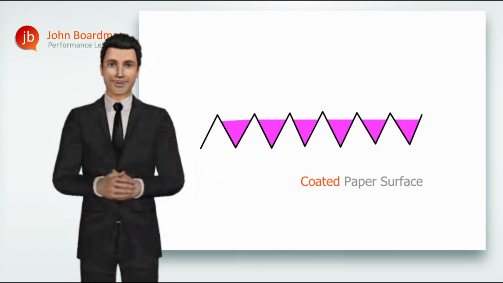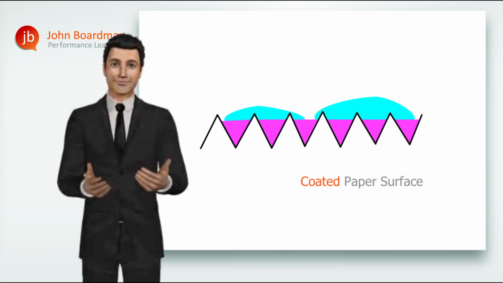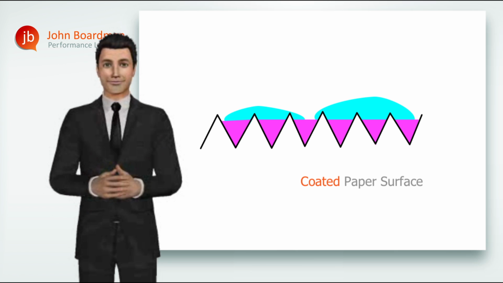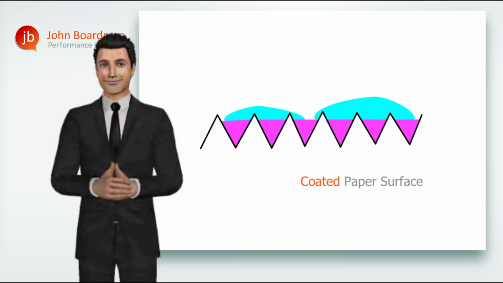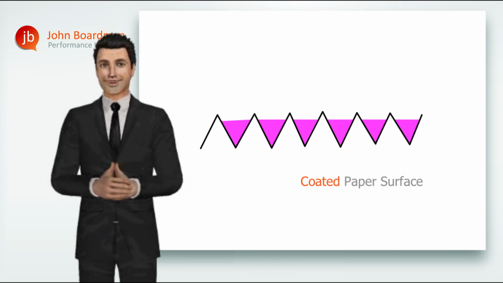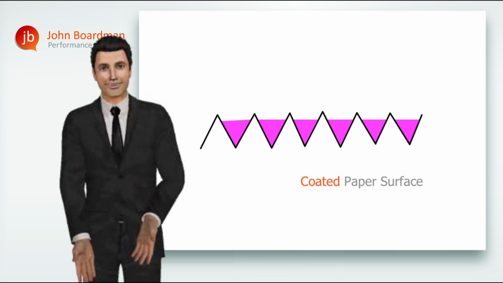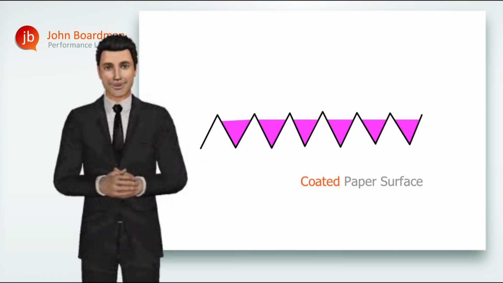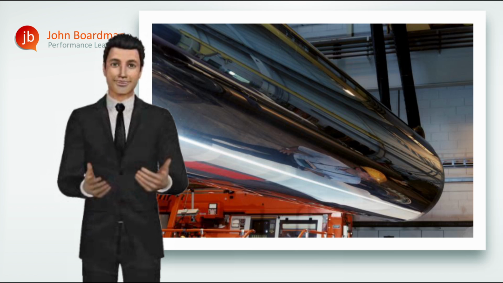The coating also supports the ink dots on the surface, giving us what printers call more lift, referring to the way that the ink sits on the paper and shines rather than being absorbed into it, giving a duller appearance. Generally, coated papers do deliver a brighter printed image. So, still at the paper manufacturing stage, and after the coating has been applied, to make the surface even smoother and to flatten down all the remaining peaks, many papers now will be polished with huge chromium steel rollers called calendar rollers.